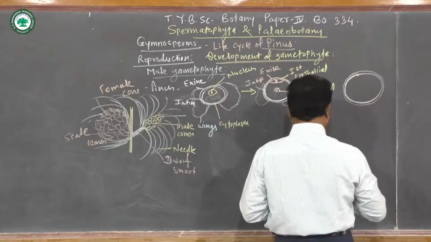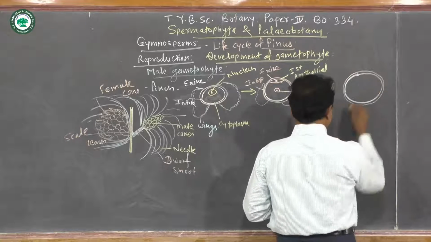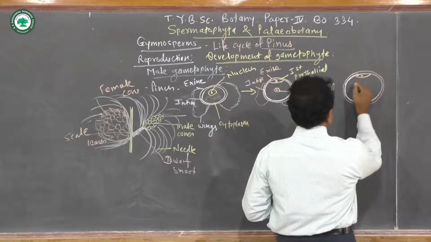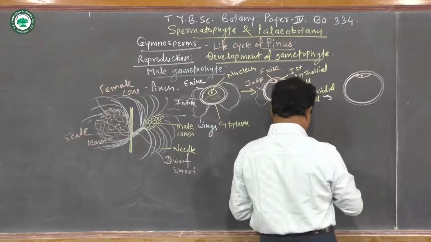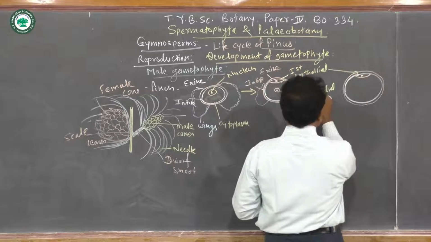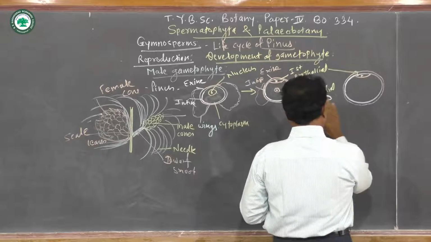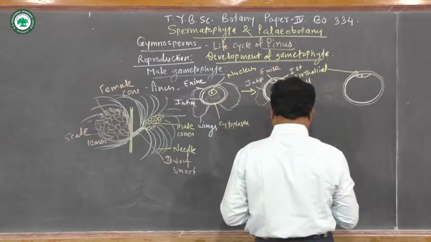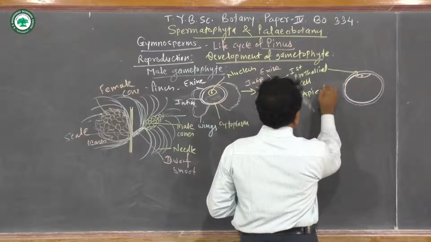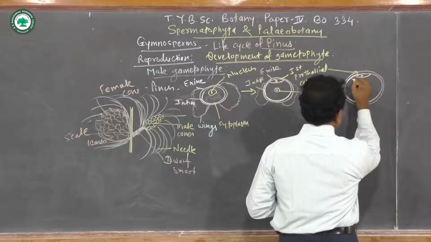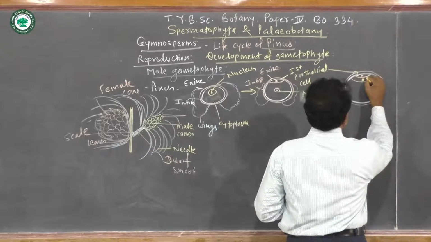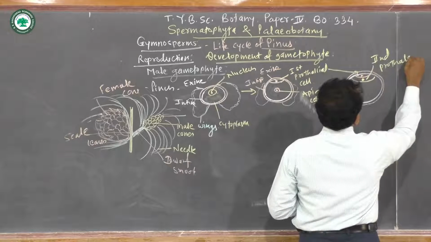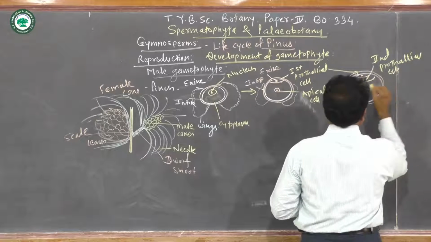There is a presence of the nucleus, and as I told you, it divides, firstly forming the first prothallial cell, and later on the antheridial cell, also called the apical cell, again divides, and there is a formation of the second prothallial cell.